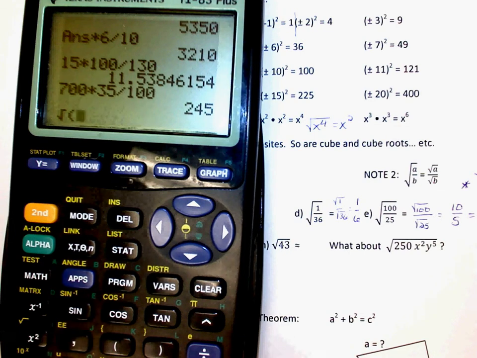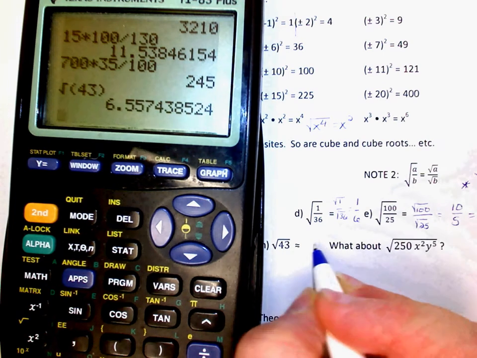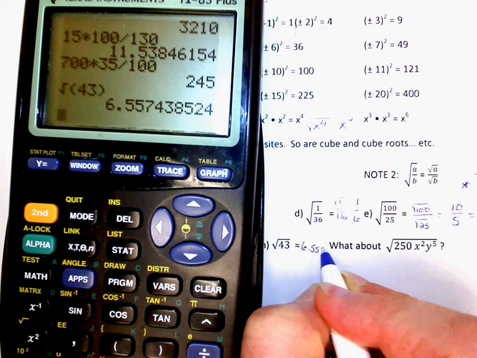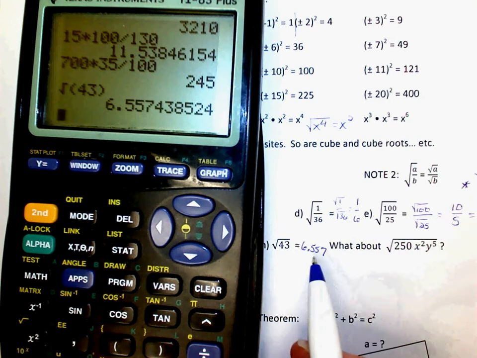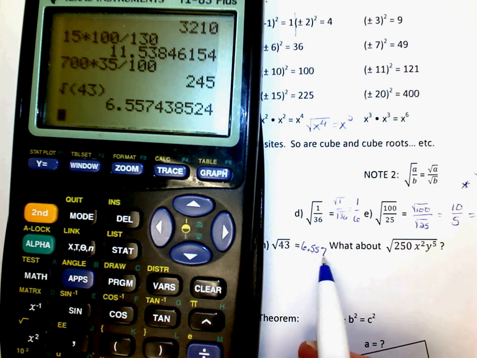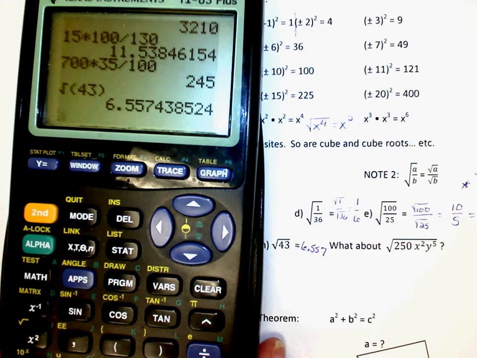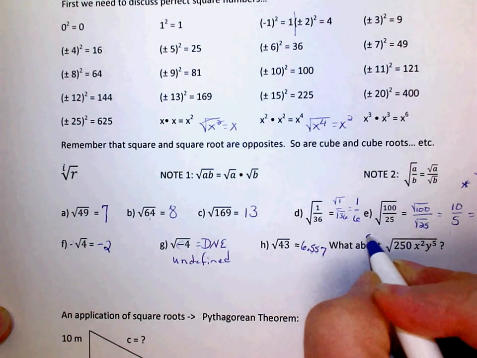And then we put 43, and we close up the parentheses, and we hit enter. So it is approximately 6.557, and it just depends on where they say to round it. Remember, one decimal place is tenths, hundredths, thousandths. Now with the next number, it's probably going to say exact answer.